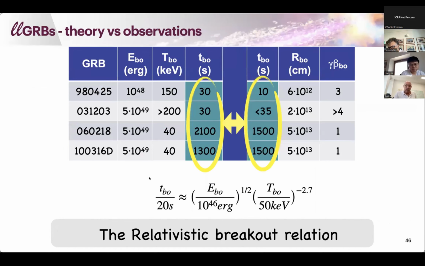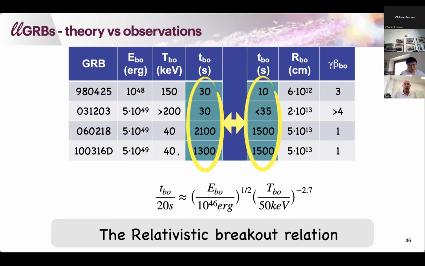And Nakar and Sari have a very nice relationship. I don't know if Udi discussed it: the breakout time is proportional to the breakout energy to the power half, and the breakout temperature to the power minus 2.7. This is for some low luminosity GRBs. This is the breakout energy.